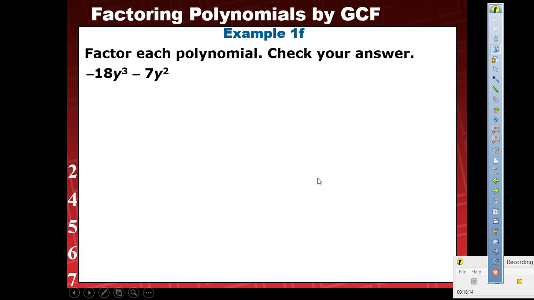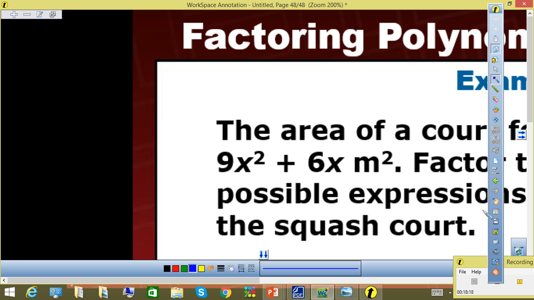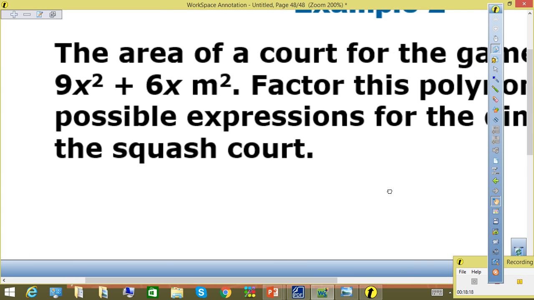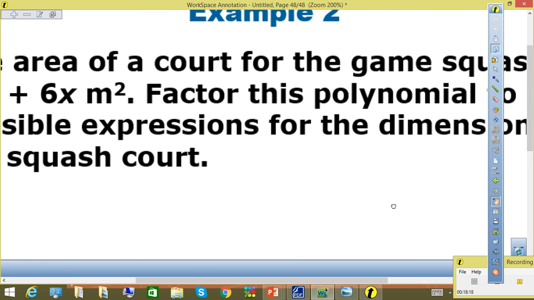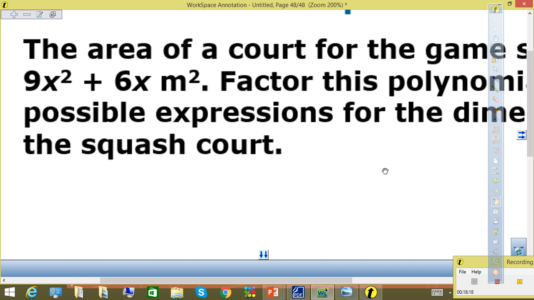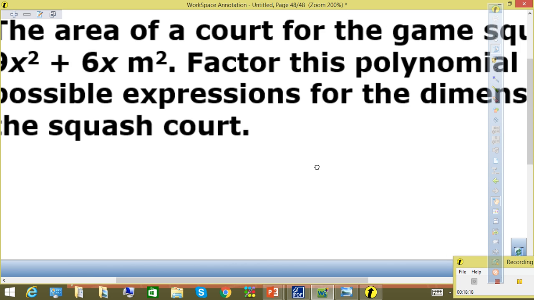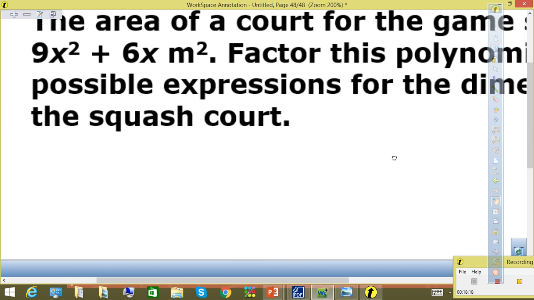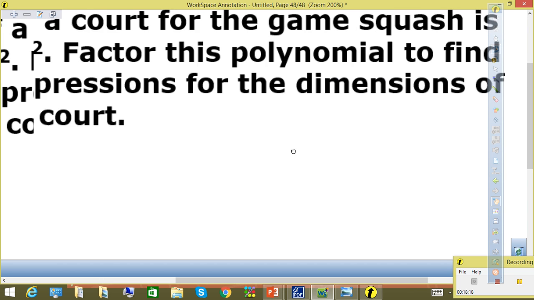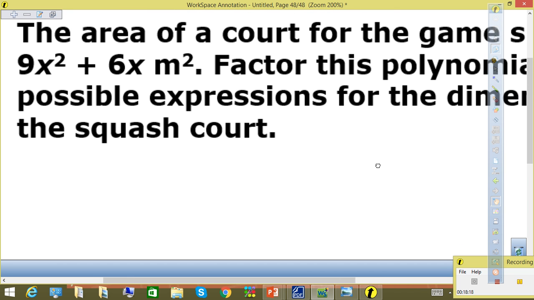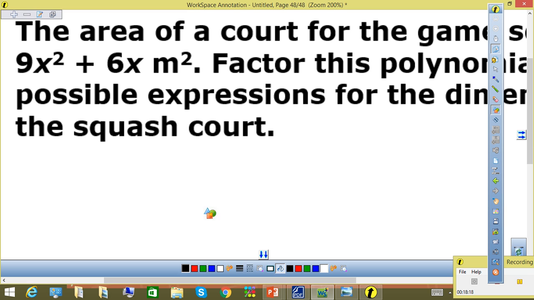Now check this one out. Look up. It says, the area of a court of a game of squash is 9x squared plus 6x. Factor this polynomial to find the possible expressions to the dimensions of the squash court. So check this out. Just draw a rectangle for the squash court.